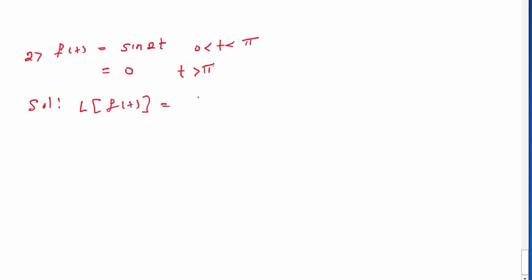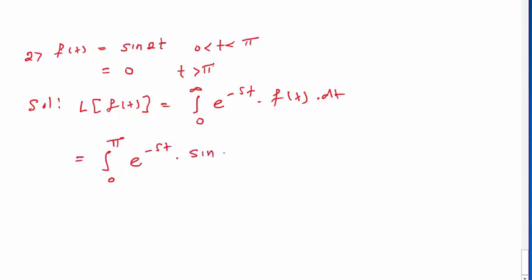f of t is equal to the integral from 0 to infinity of e raised to minus st into f of t dt. This will be equal to, I will split between 0 to pi, e raised to minus st into sin 2t into dt, plus from pi to infinity the value is 0, so I will say simply 0.